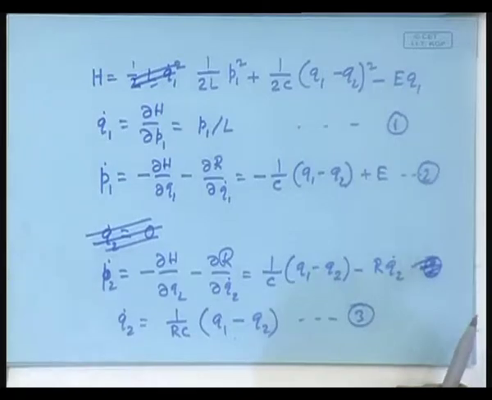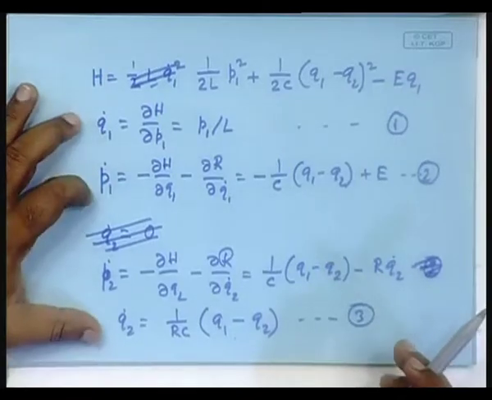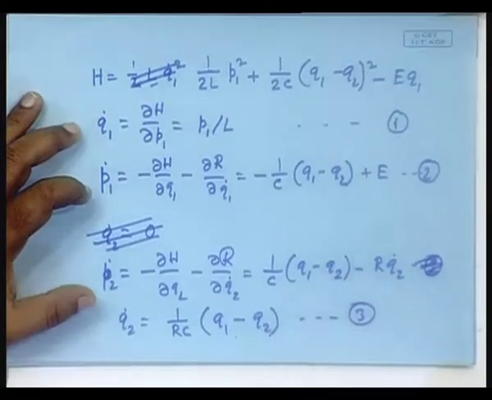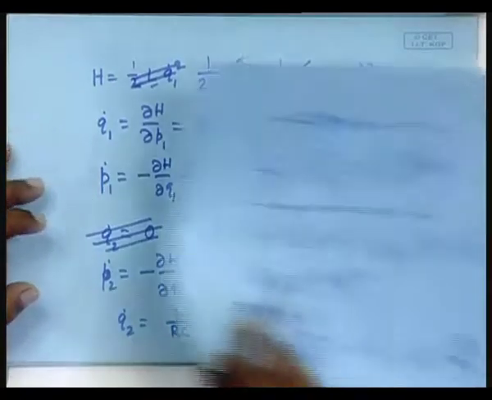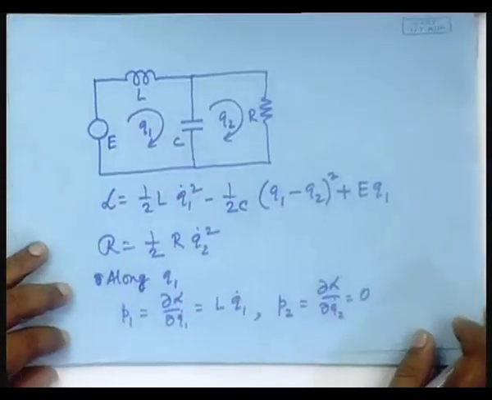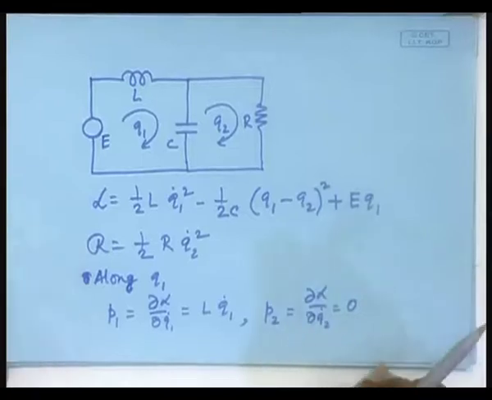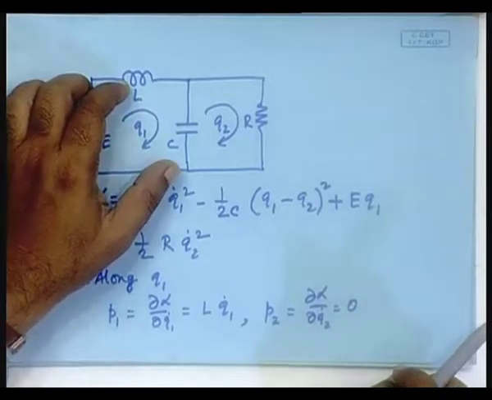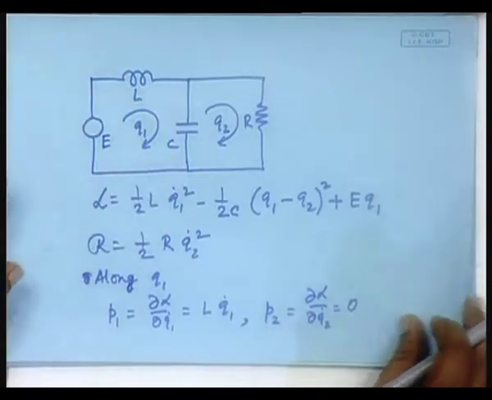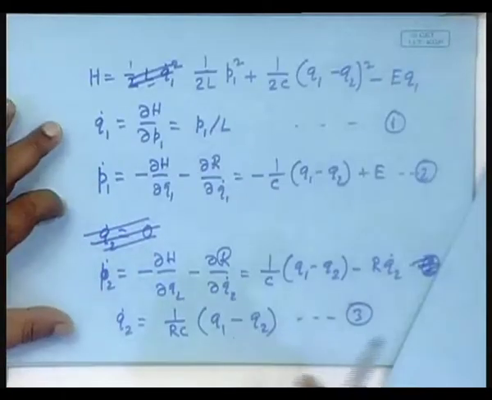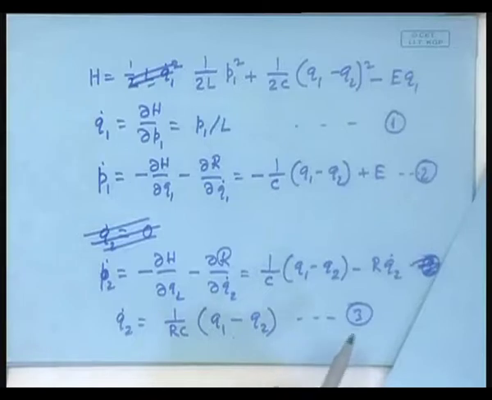Fine. See, you needed 3 equations, but in the circuit there are only 2 storage elements, and the minimum number of equations that you really need is equal to the number of the storage elements. So, we had done all this exercise, but ultimately ended up with 3 equations, which is not very economical.